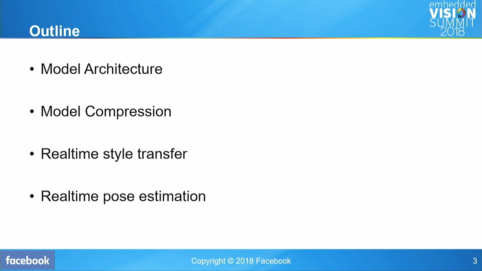And at the end, I'm going to describe two different applications that we pushed from research to product at Facebook, and that reached billions of people. Probably it's in your pocket as well right now. One of them is style transfer, and another is real-time keypoint estimation, or pose estimation, for people.